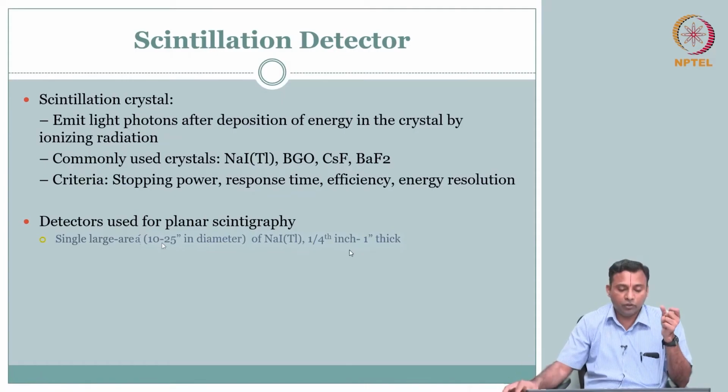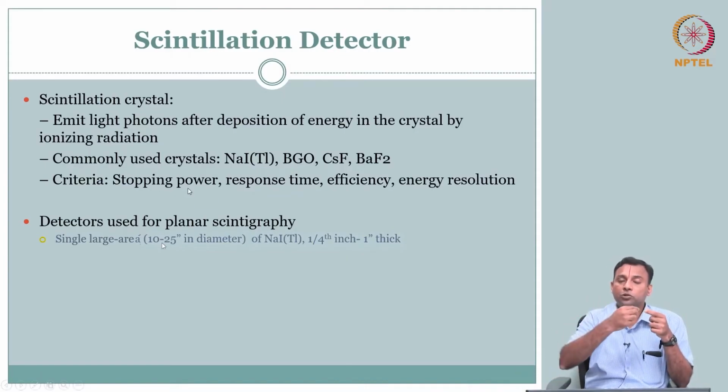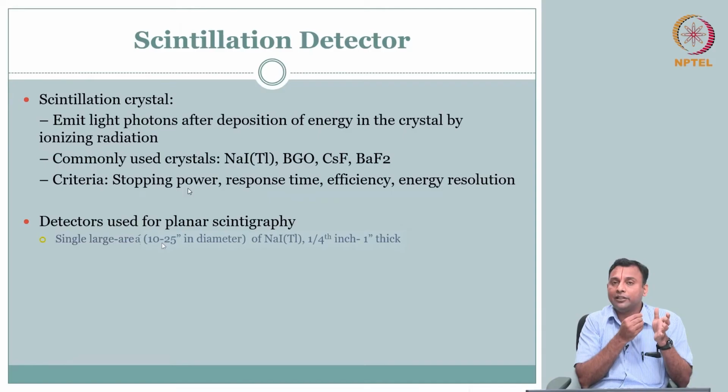Oh, you need to have stopping power. You need the gamma rays to have time to interact and convert gamma photons to light photons. So what is the other issue with the thickness? Oh, if it is thicker, your resolution is affected, the same thing affects here also.